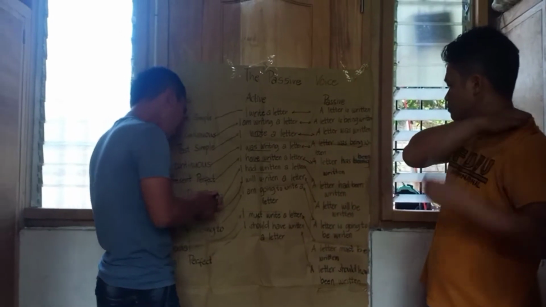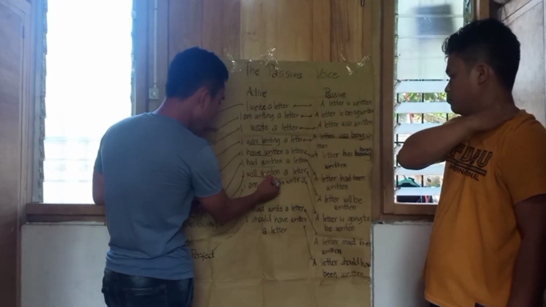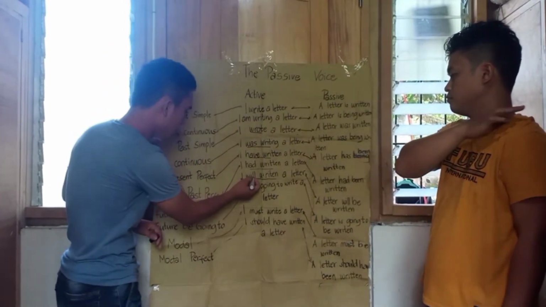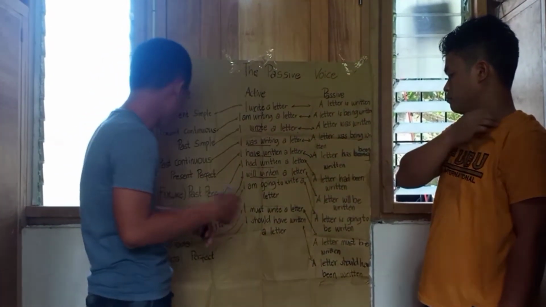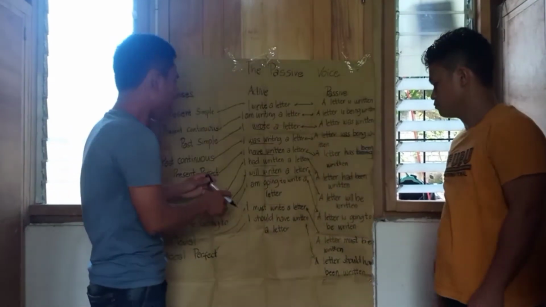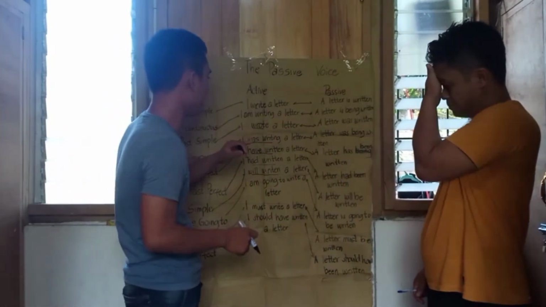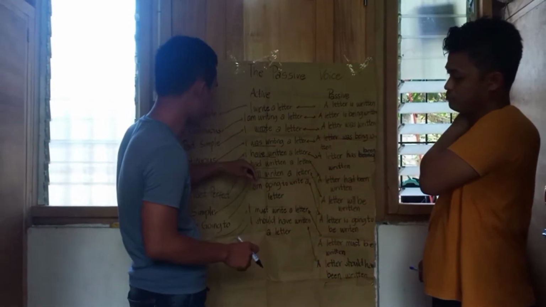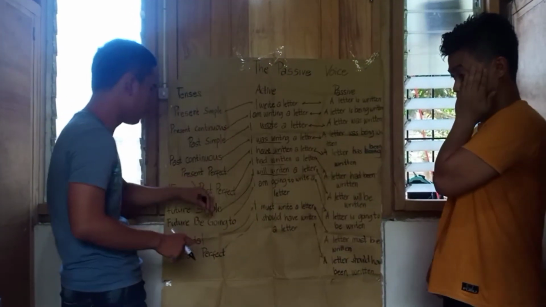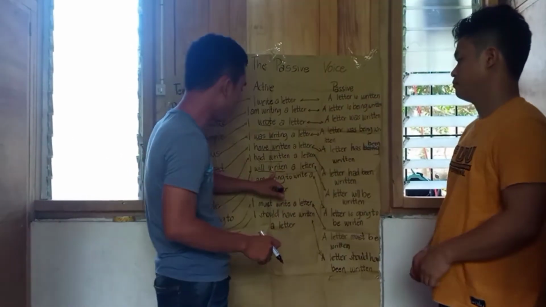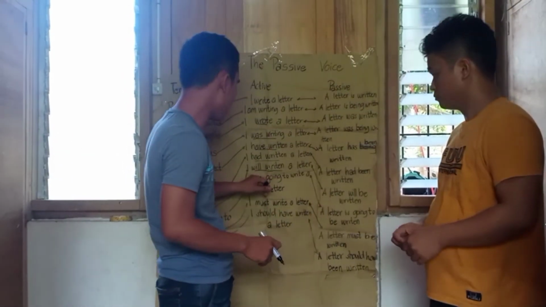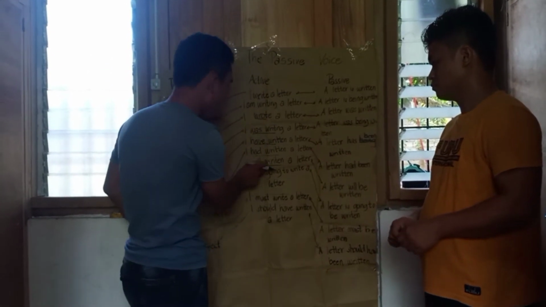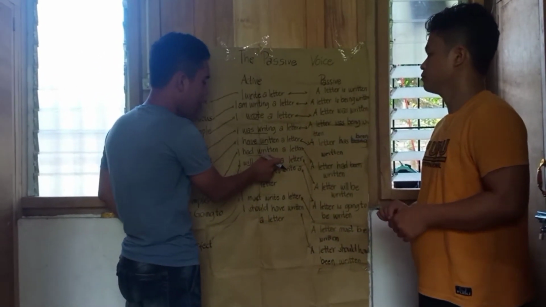The will write is our future simple, because with will we can determine that it is future. In the active voice, the future simple is I will write a letter, and this action is not done.